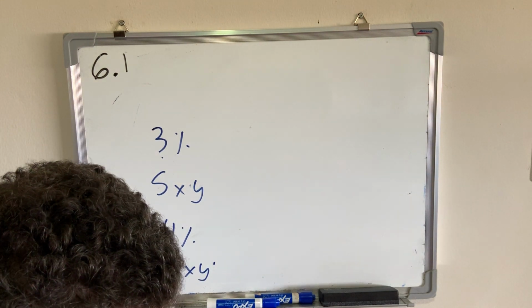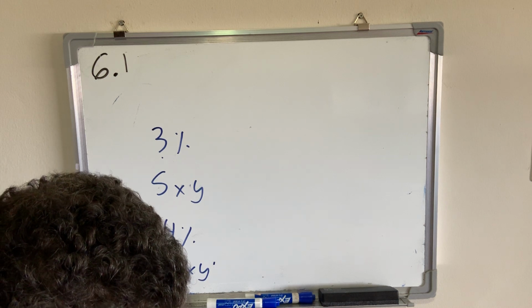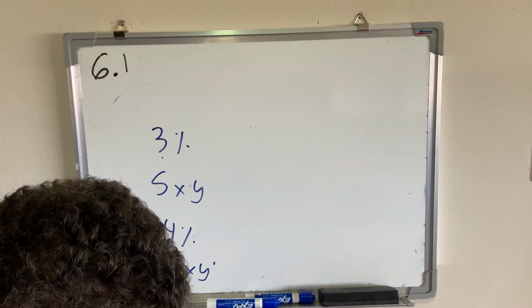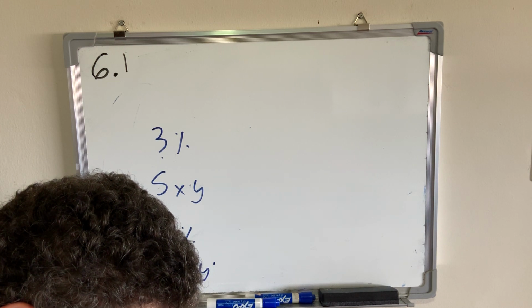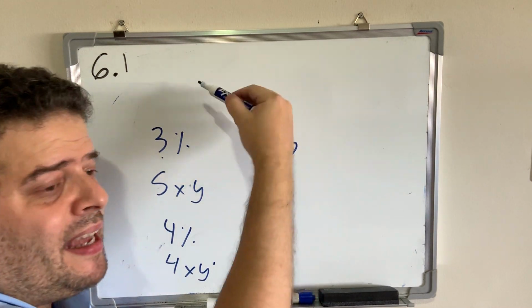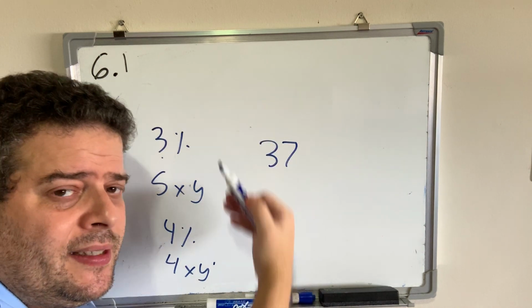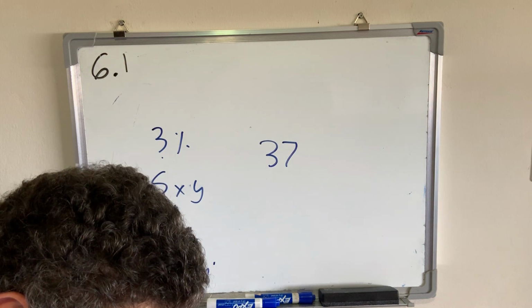For homework, please do the following. Question number 30. Besides the 2 examples that I gave you guys, besides the 2 examples of the 2 banks, please do number 37.